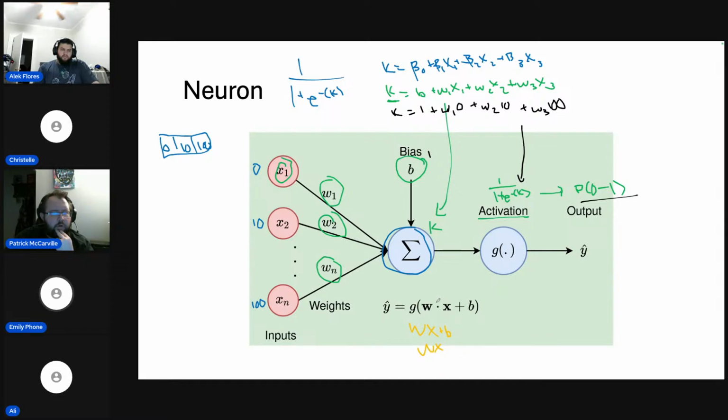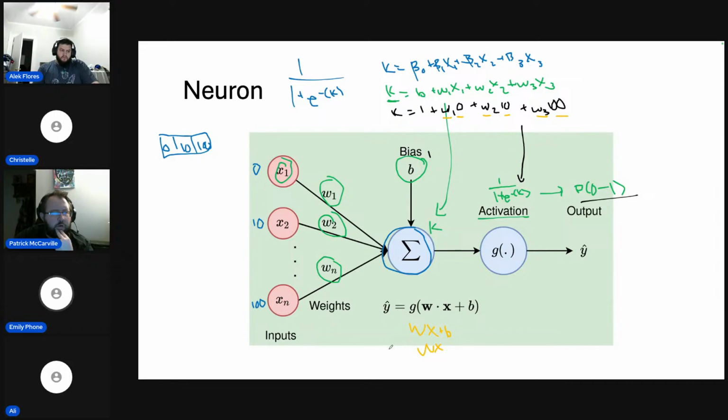When it's a capital W and a capital X, they're writing that in linear algebra notation to imply that we're taking all of these w's times all of these x's in that order: w1 times x1, w2 times x2.